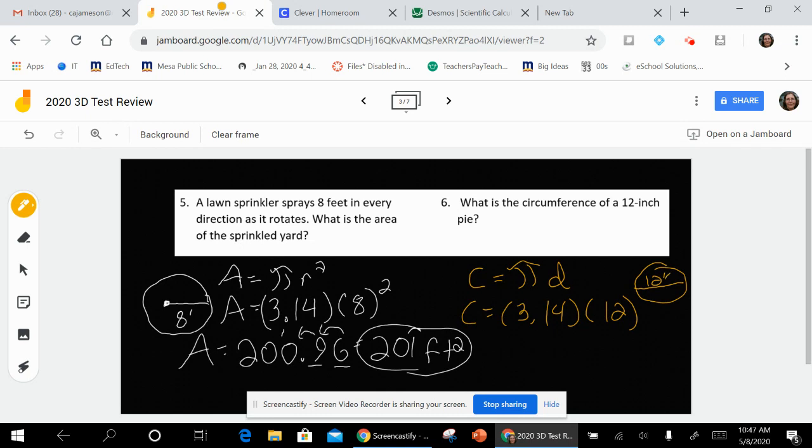So that's going to be the diameter. We multiply those together. We get 37.68. 5 and up, rounded up. So it's going to be 37.7 inches.